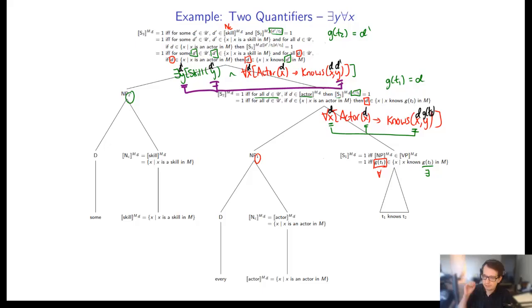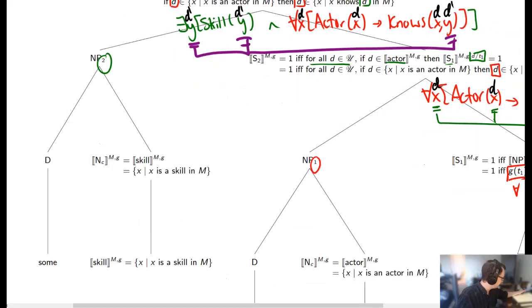So if you're using NP2, so in this case, we're doing NP2, then make sure that we're doing some replacement with T2. If we're replacing NP1, make sure we're doing some replacement with T1. So those are the two hints.